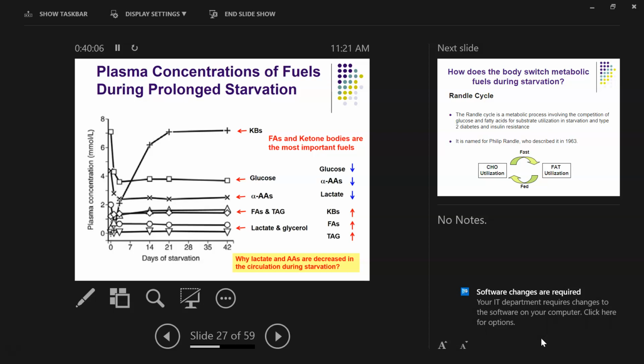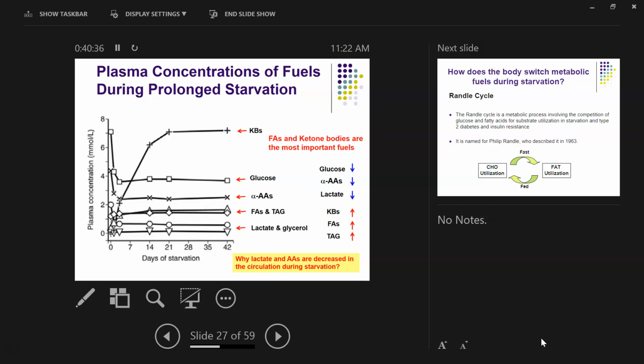But during this very long starvation, the lactate and glycerol levels are maintained very low, right? So I listed here that during this very long starvation period, the glucose, amino acids, and lactate were significantly lower, but ketone bodies, fatty acids, and triglyceride levels were significantly increased, high.